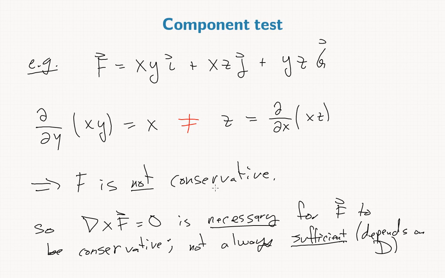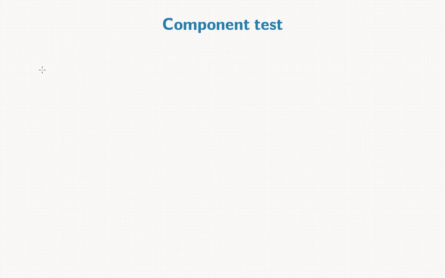Any vector field with curl equal to 0 is conservative if it's defined everywhere. But otherwise, we can have things which have curl 0 but are not conservative. So here is an example.